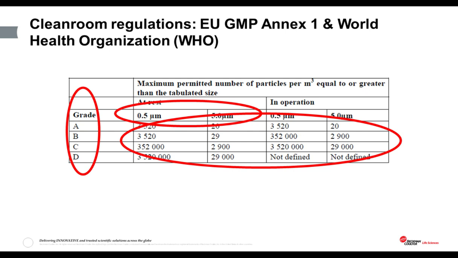Now, with a 1 cubic foot per minute particle counter, that means that the sample volume taken is just 1 cubic foot of air, and there are approximately 35.2 cubic feet of air in 1 cubic meter. So users must multiply the count results by 35.2 to get the counts per cubic meter. So you can see the opportunity for error there.